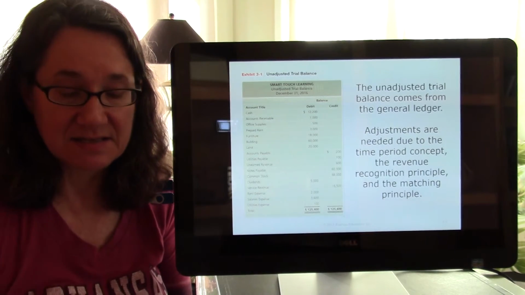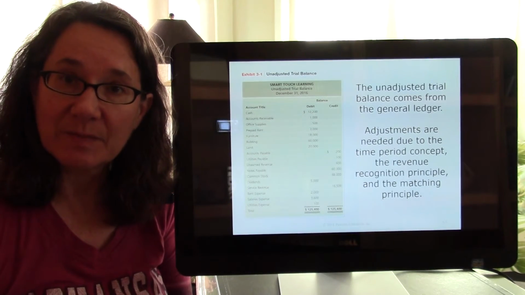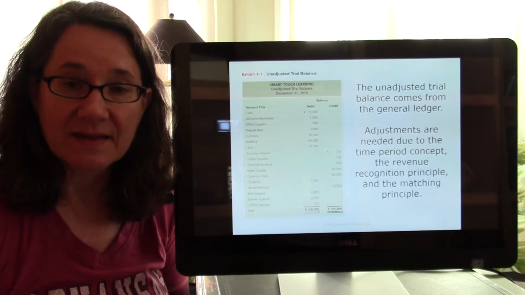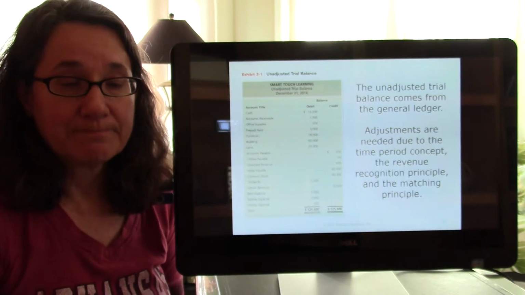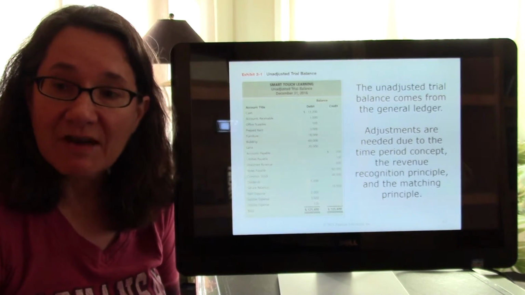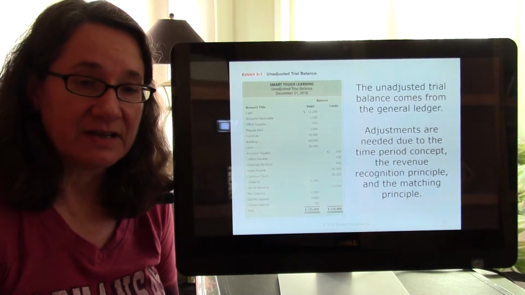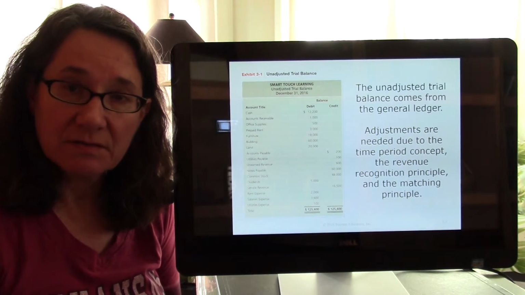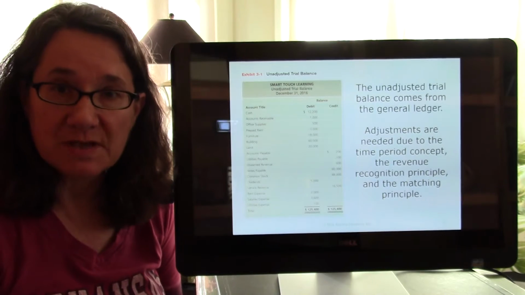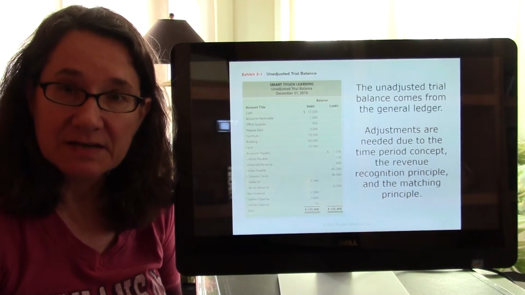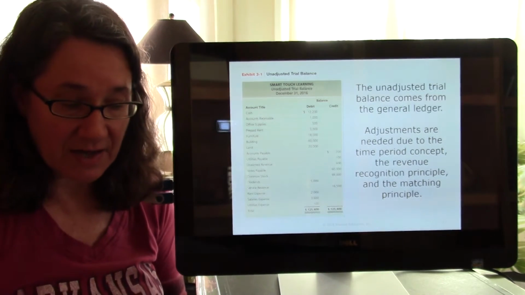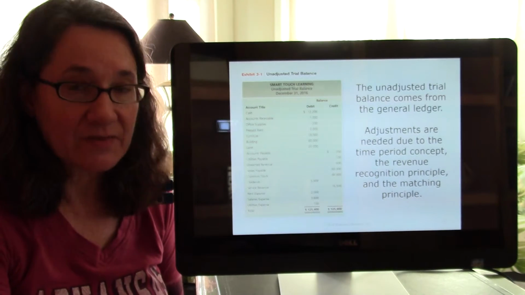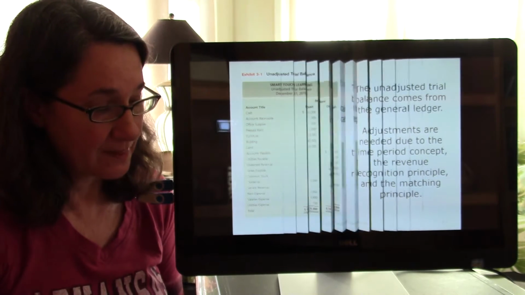So that just means that we're going to sit down at the end of the month after we do our trial balance and think about, well, are there any revenues we haven't got on the books yet? Are there any expenses we haven't got on the books yet? Did we use up some assets that we need to record in our accounting records? So that's what adjusting entries are.